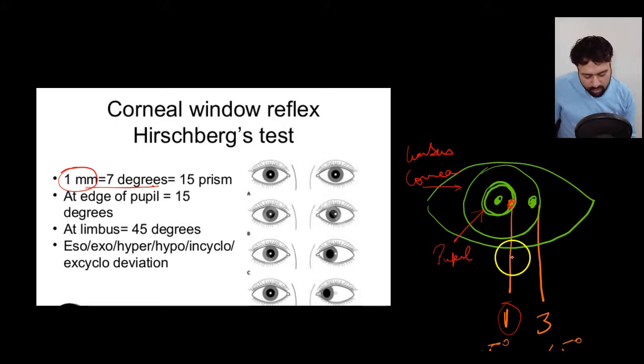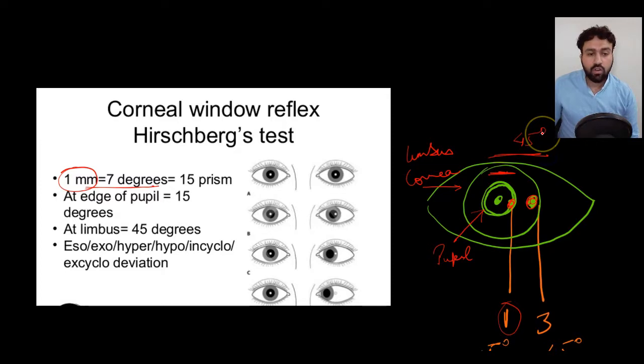So in position 1, there is around 15 degrees of squint, whereas if the corneal reflex is at the limbus, it represents around 45 degrees of squint. If the corneal reflex is seen in mid iris, it's around 30 degrees of misalignment or tropia.